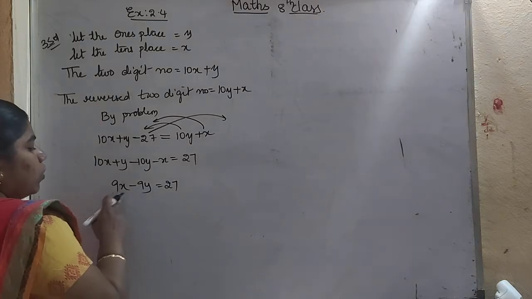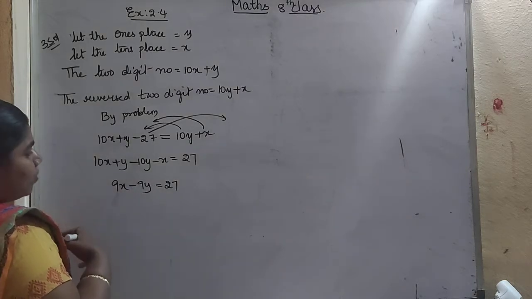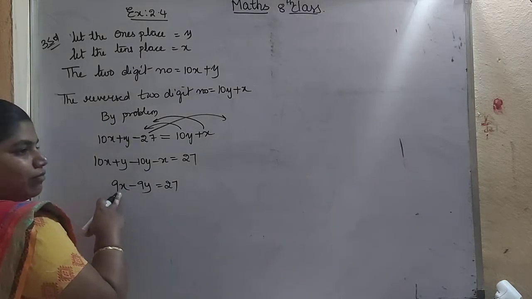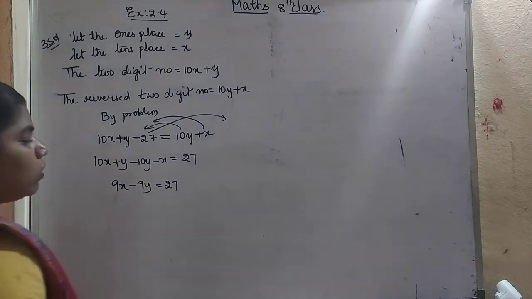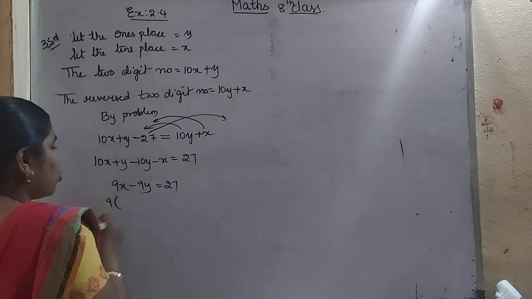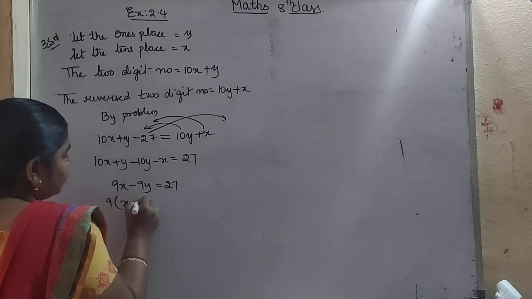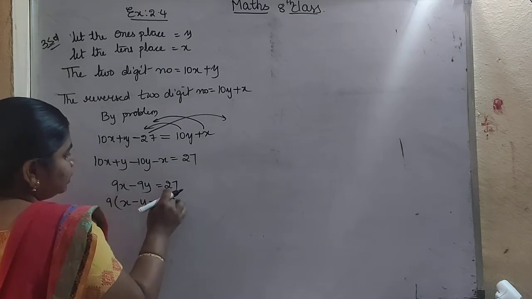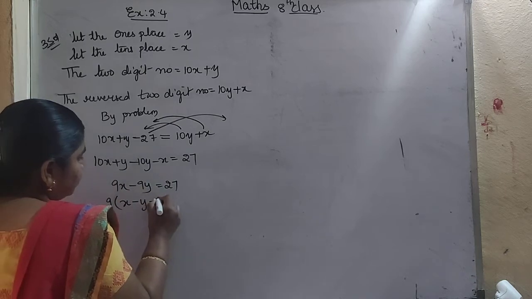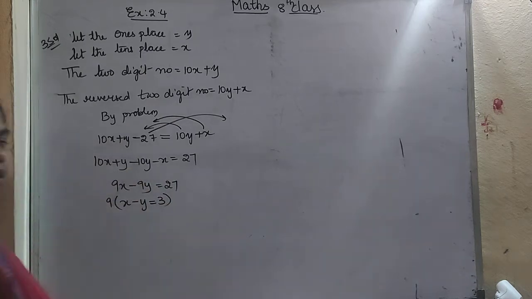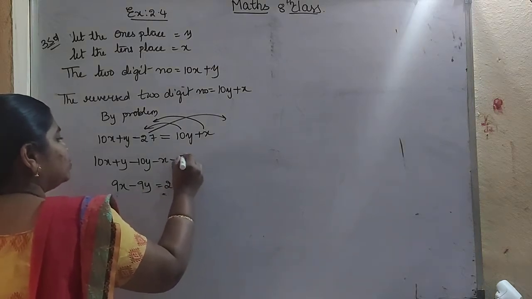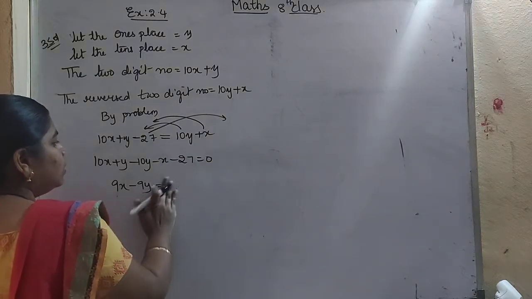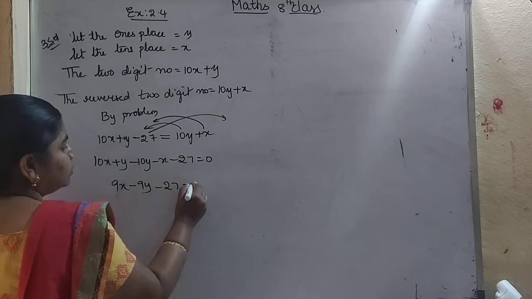And now in all the terms you can take 9 as common, because in the 9 table 9 will go, and 27 in the 9 table will also go. So I am taking 9 as common. So it will be x minus y is equal to, here it will be 3 times. Okay. Or you can take it in this form. Directly you write it as minus 27 equals 0 here. So it will be minus 27 equals 0.